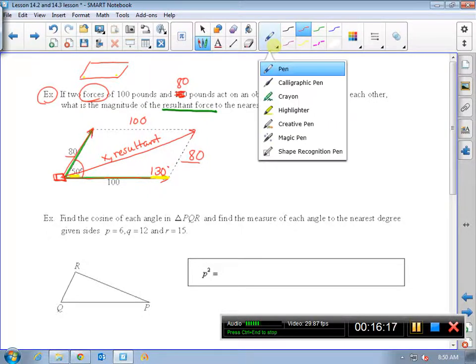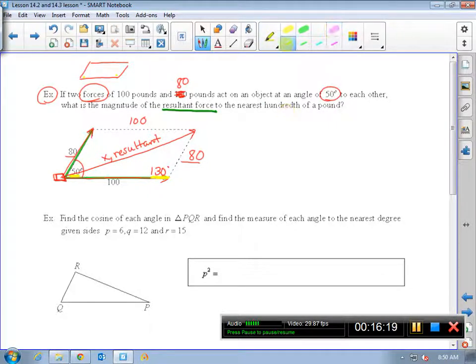And once your picture is nicely drawn, you can focus now on this triangle. Ignore everything else in the problem. Even ignore the 50, because the 50 is not going to help us. We're looking for X. X is across from the 130. It's a side problem, so we are all set to use law of cosines.